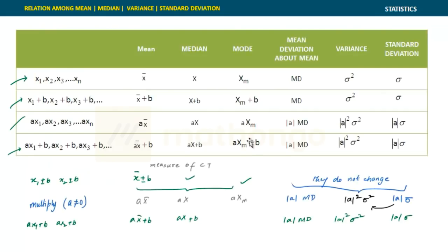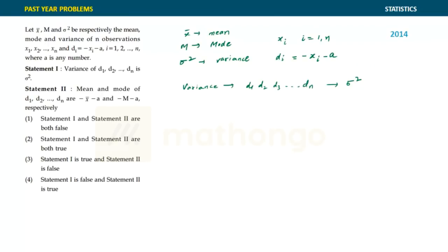If you multiply by a, what is the effect on the variance? It is modulus a square sigma square, right? And we also did that plus or minus does not have any effect on the variance, right?